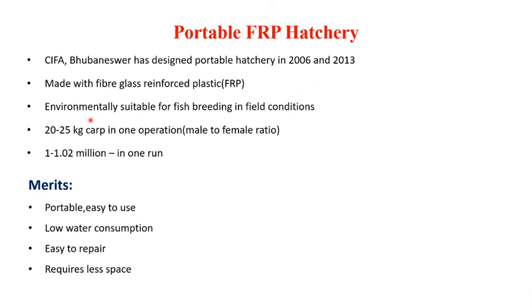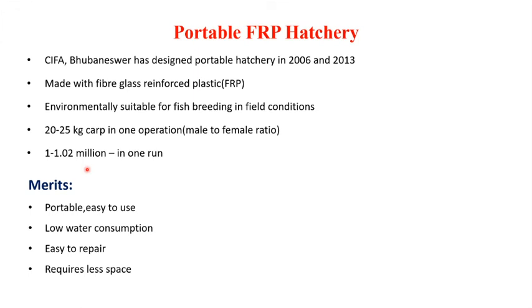It is very environmentally suitable for fish breeding in field conditions and it can hold around 20 to 25 kg of carp in one operation, that is male to female ratio. And in one run it can hold around 1 million eggs.